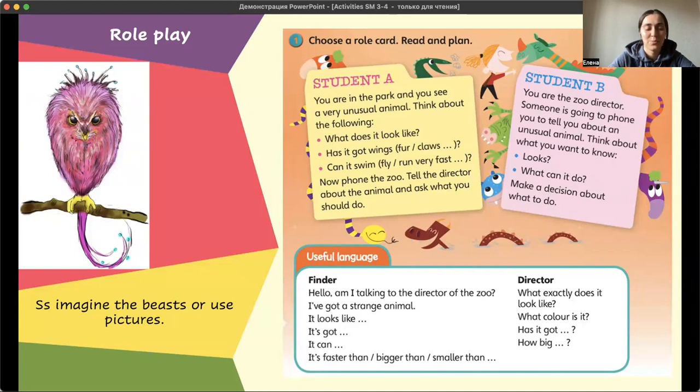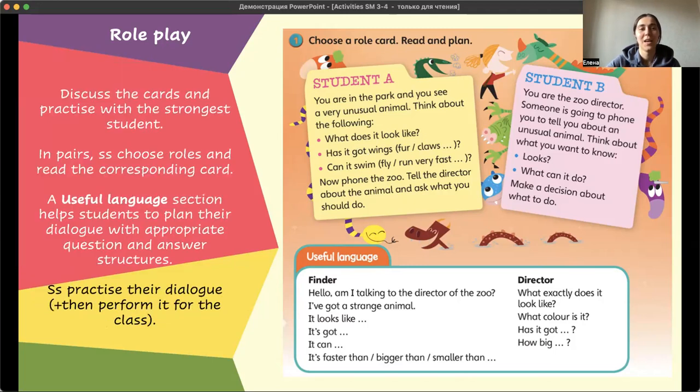So they really like these bright pictures and the names. For example, this is a Whooper. That's very difficult to say, but students love it, and they want to discuss more and more animals. So you can give them the picture so they imagine their own ones.